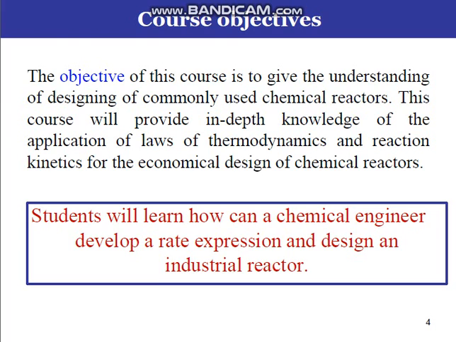So chemical reactors are the main part of what they do, and chemical reaction engineering is something that is only done by a chemical engineer. Like any other engineer, they cannot do chemical reaction engineering as we learn it as chemical engineers.